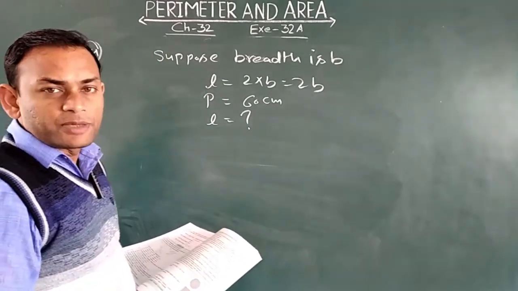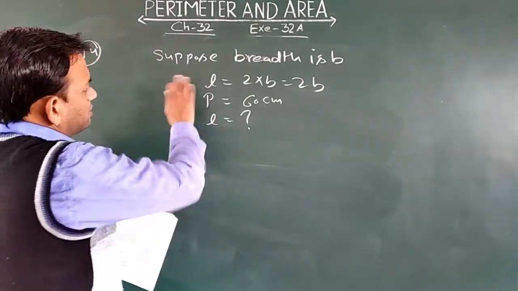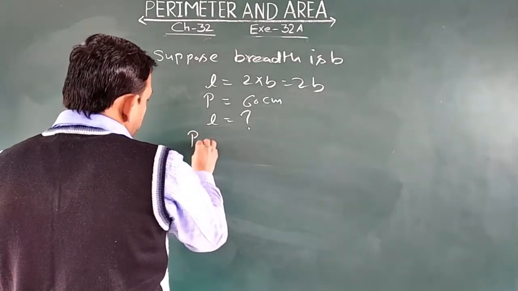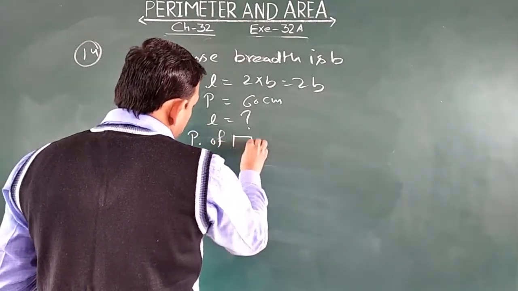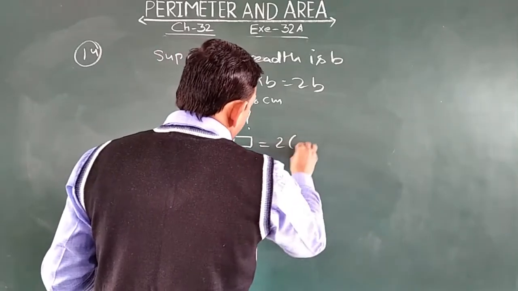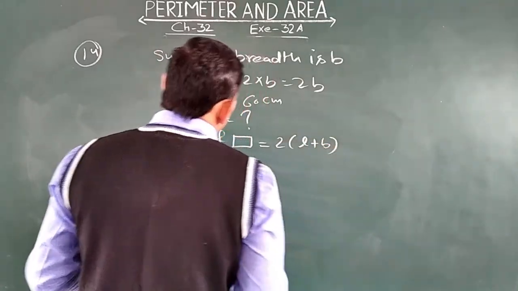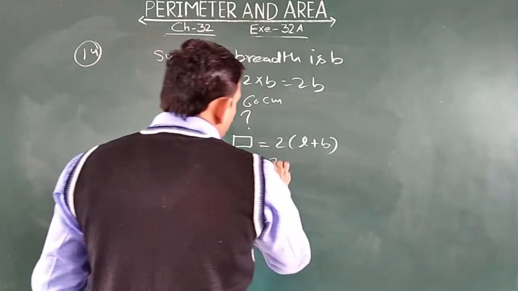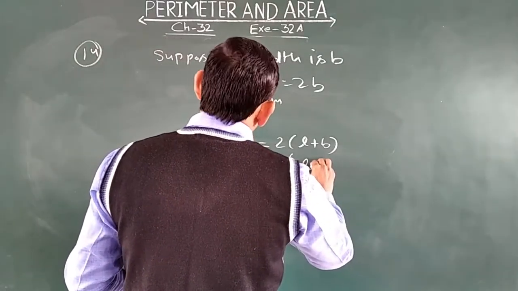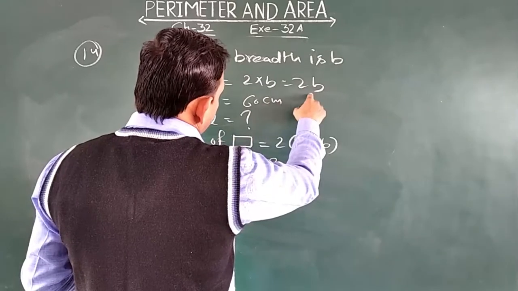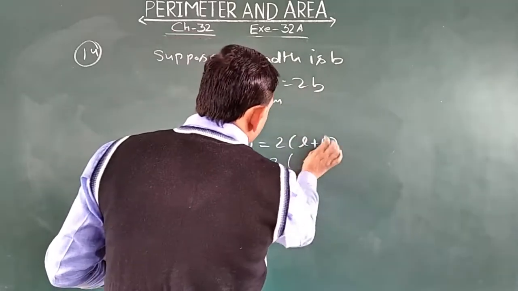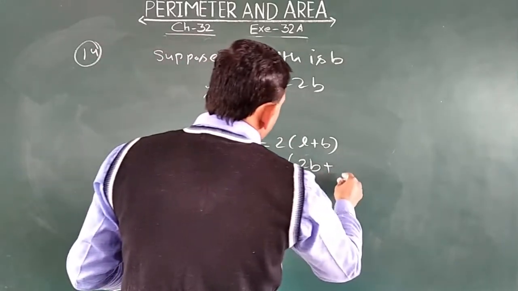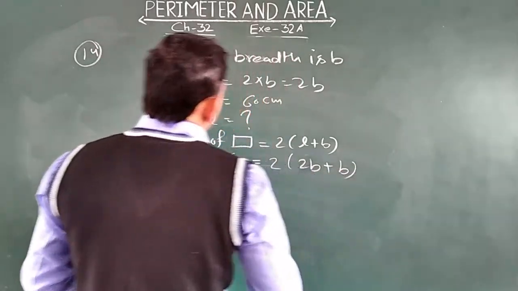So you will just apply the formula of the perimeter of a rectangle. The perimeter of a rectangle is 2(L plus B), and the perimeter is given as 60, so 60 is equal to 2(L plus B). We have supposed that L is 2B, so we will write 2B, and B will remain as it is.